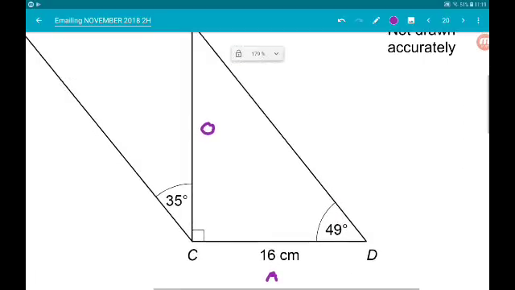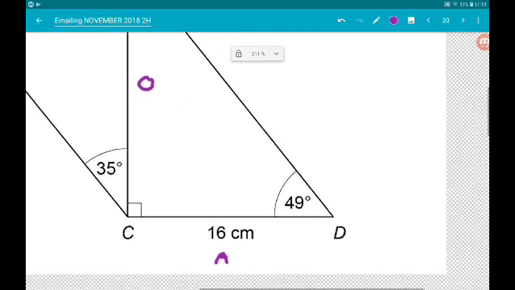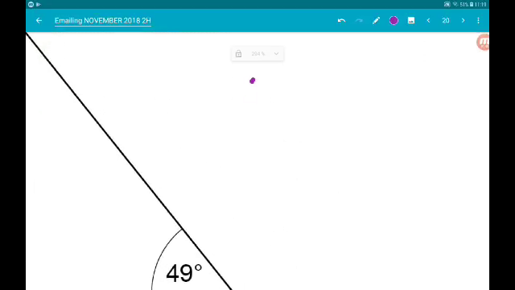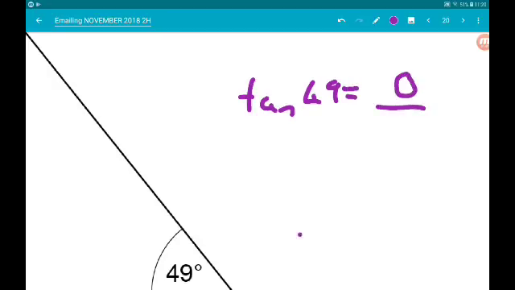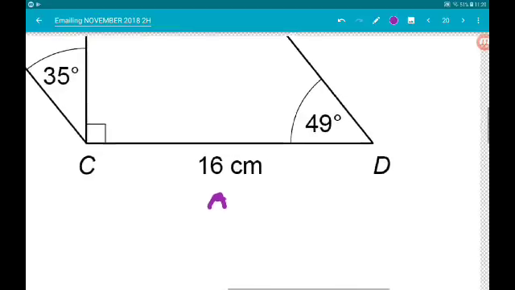So, is it SO? No. CA? No. TOA? Yes. So that tells us tan 49 is equal to the opposite over the adjacent 16.